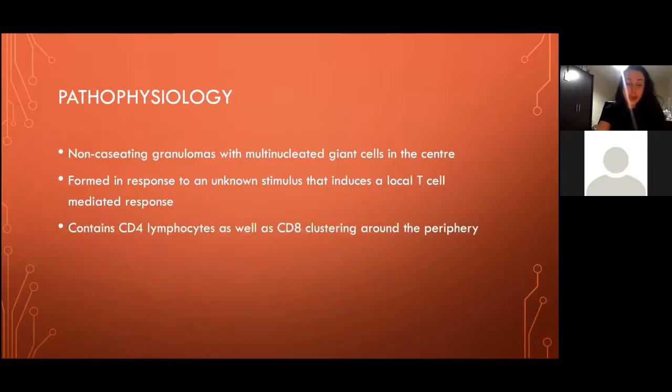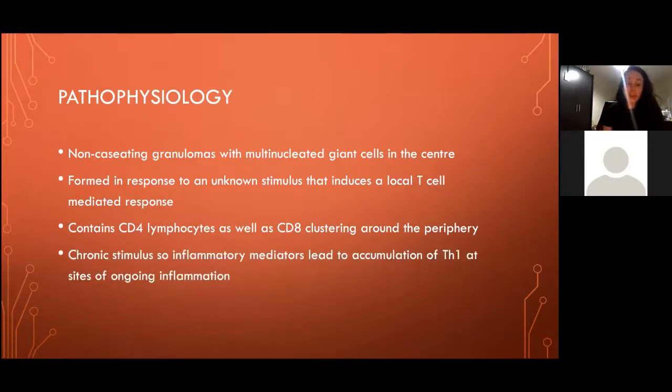So these contain CD4 lymphocytes as well as CD8, which cluster around the periphery. Now the T helper to T suppressor cell ratio is increased, and a mass effect from all these granulomas forming is what induces damage in the tissues. And these multinucleated cells generally arise from the fusion of both macrophages and monocytes.